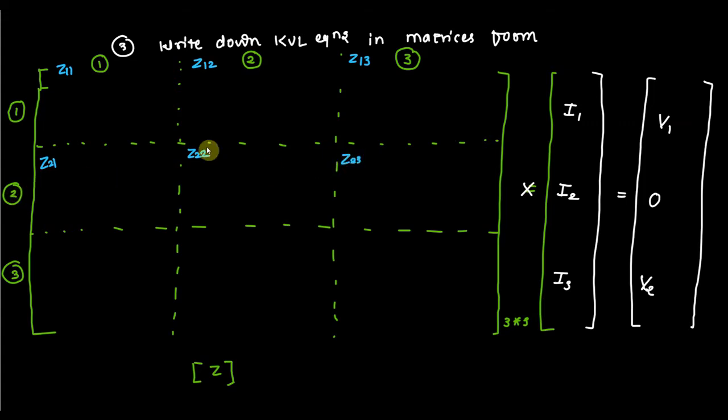This will be Z31, this will be Z32 and this will be Z33. So we have to enter the 9 elements. How can we write them just by observation? That method is called the direct inspection method.